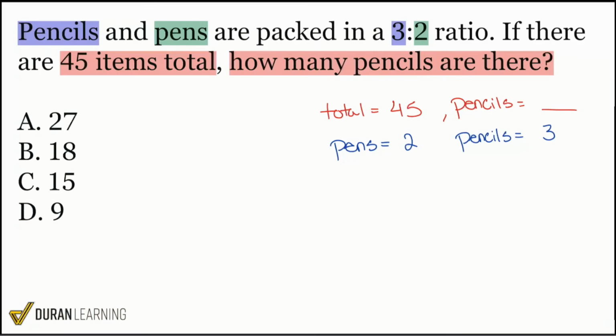Because although we have pencils as the second idea here, as the second item, the first item that we're comparing over here is the total number of items. The item that we're comparing here is pens. So we cannot, in good faith, say that total to pencils is the same as pens to pencils.